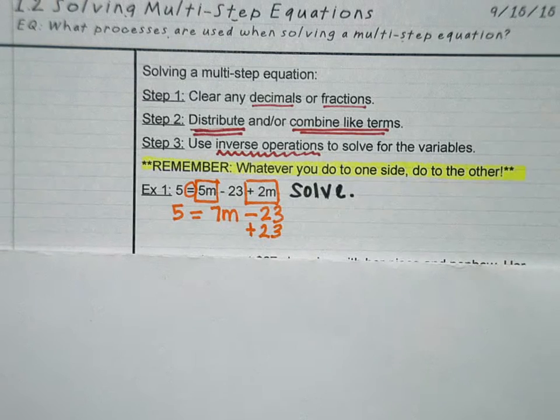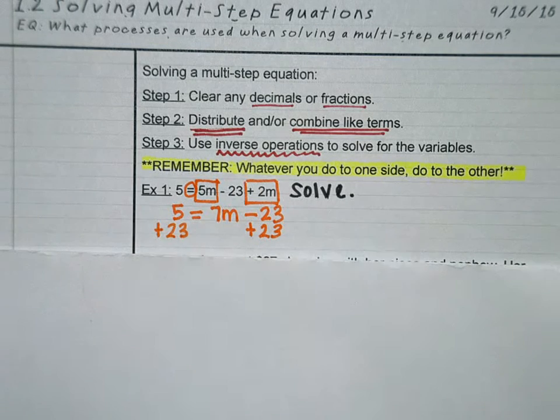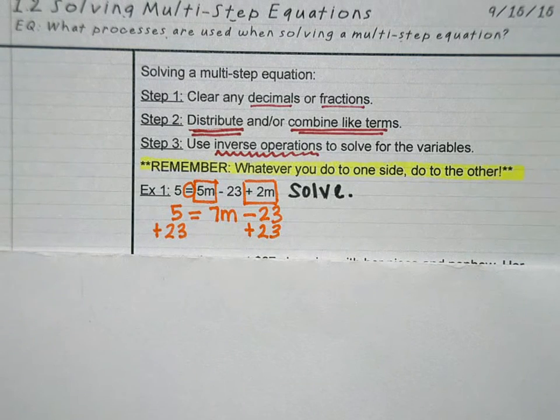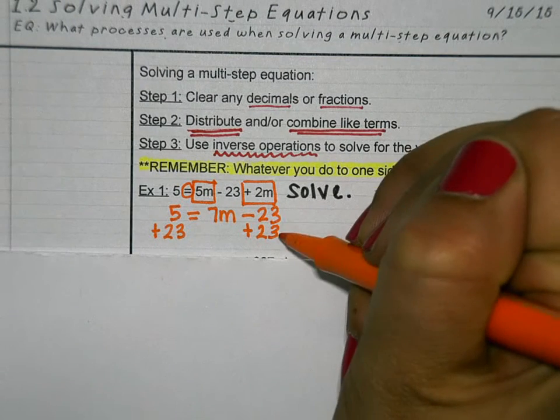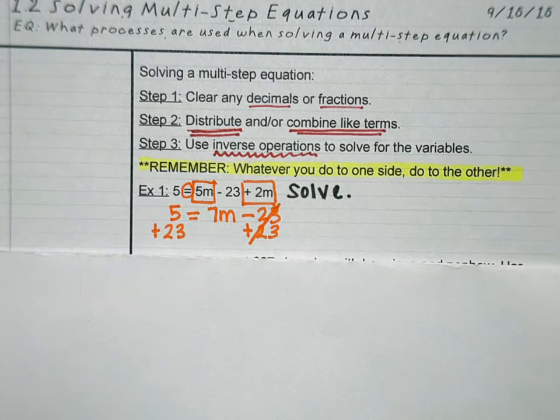So I add 23 to the right, which means I need to also add 23 to the left. The reason that I do this is because negative 23 plus 23 gives me 0. So they cancel each other out, which is the whole point.